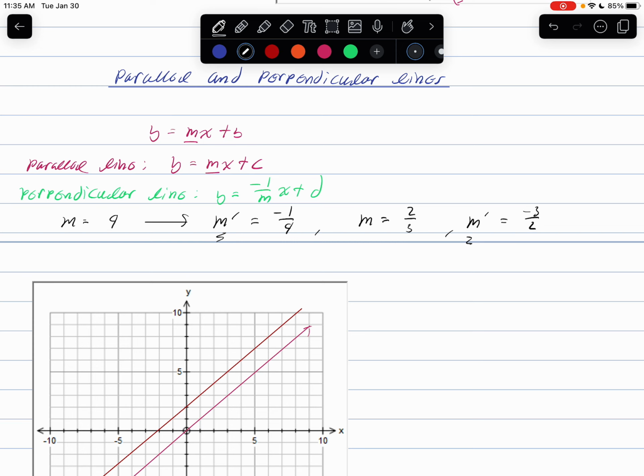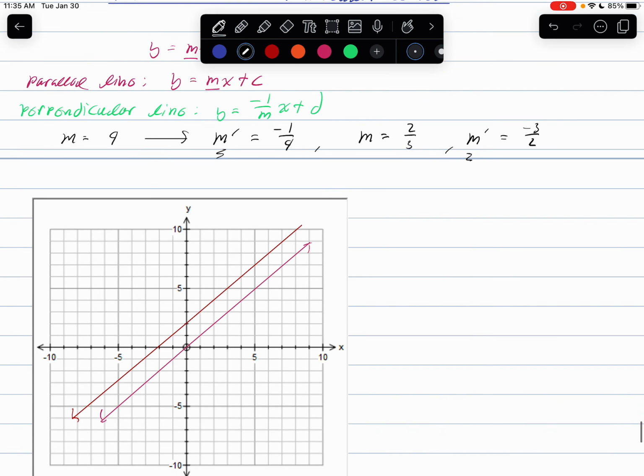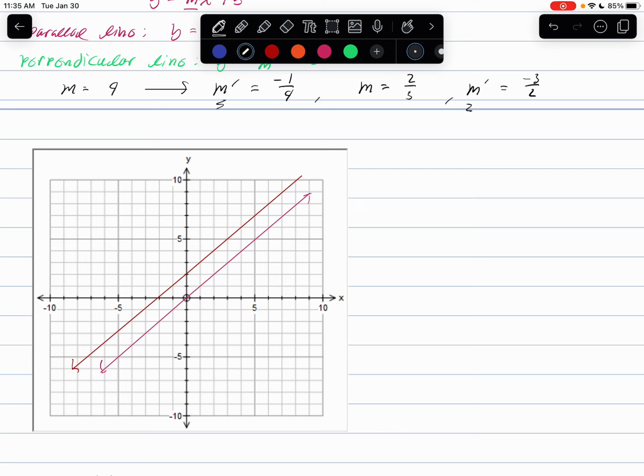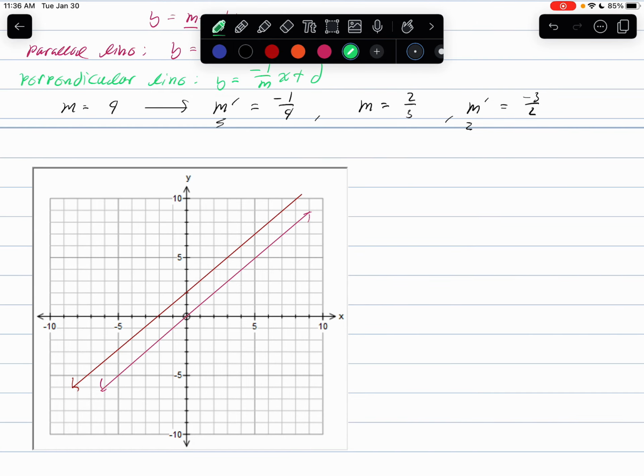So given this information, well, I guess let me first show you what a perpendicular line looks like. A perpendicular line, so I'm getting ahead of myself here. A perpendicular line will be a line that forms exactly a 90-degree angle with the line that it is being compared to, okay? So it'll look a little bit like this, okay?